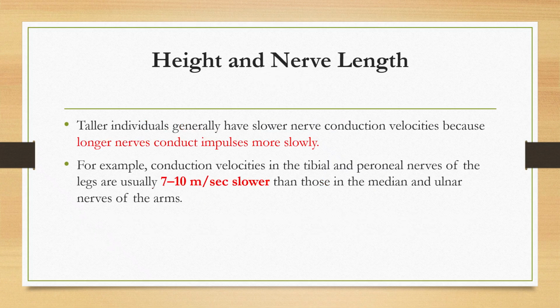Height and nerve length. Taller individuals generally have slower nerve conduction velocities because longer nerves conduct impulses more slowly. For example, conduction velocity in the tibial and peroneal nerves of the legs is usually 7 to 10 meters per second slower than in the median and ulnar nerves in the arms.